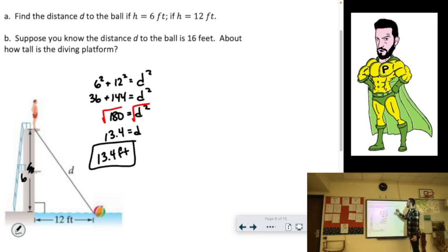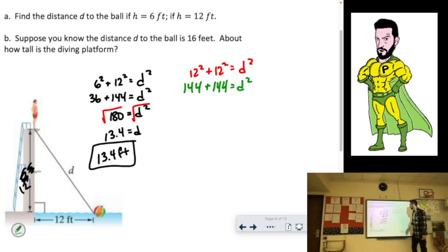Now let's try it when the height is 12 instead of 6. So our legs would both be the same. It'd be 12 squared plus another 12 squared equals d squared. We know 12 squared is 144. So we will have 144 plus 144 equals d squared. Whoops, I switched colors.